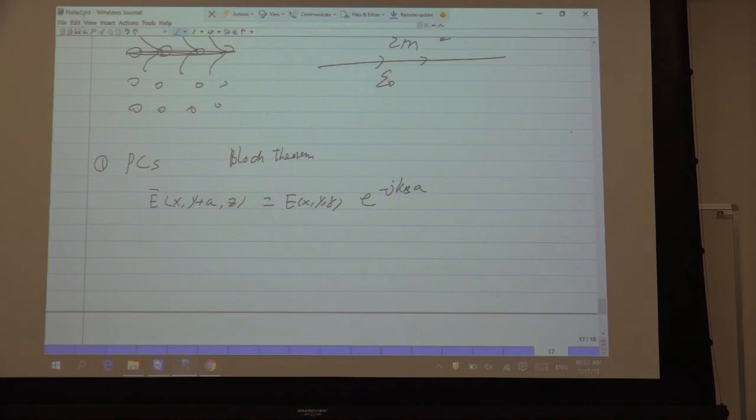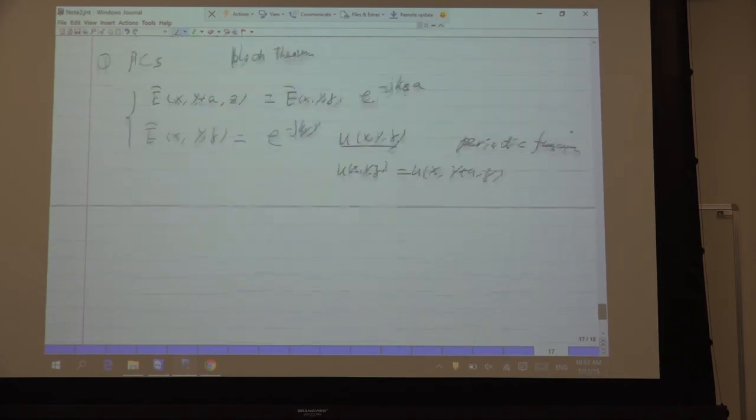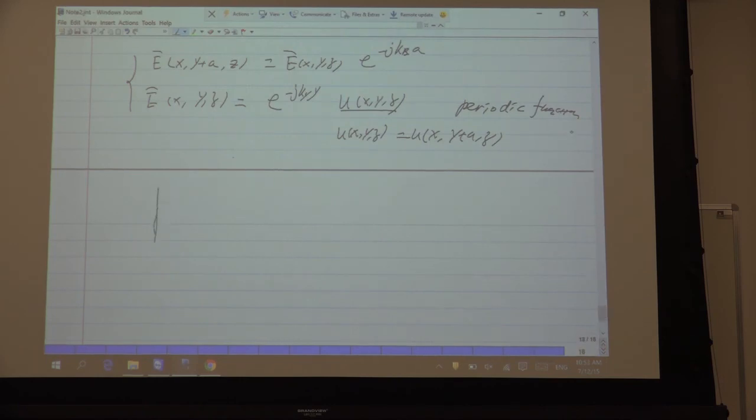This is the first form of the Bloch theorem. Another form: E(x, y, z) equals e to the minus jky times a periodic function of x, y, z, periodic along y. We call it the Bloch theorem. So for the 2D photonic crystal, this is a photonic crystal, I draw this picture.